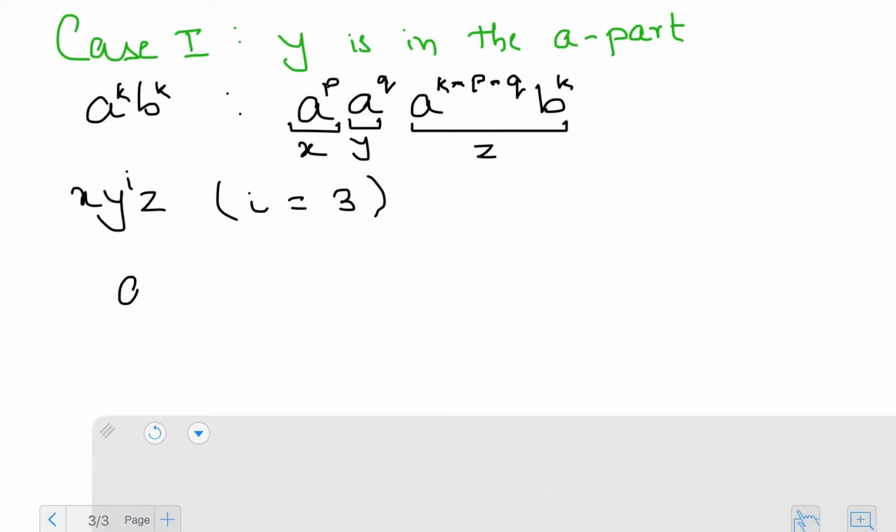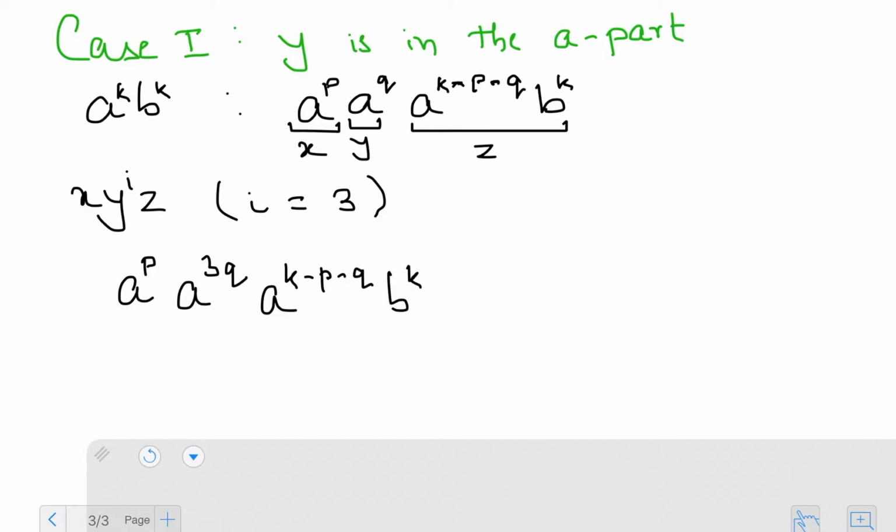It becomes a^p followed by a^(3q), because if there were q a's in y, now there's 3q a's because I wrote y 3 times, and then it will be followed by a^(k-p-q), then b^k.